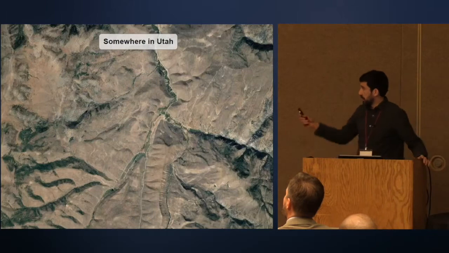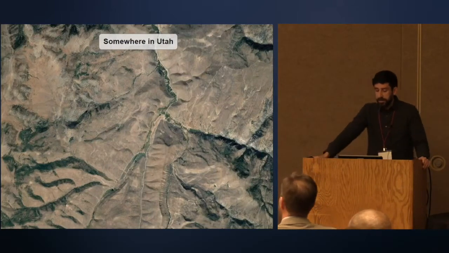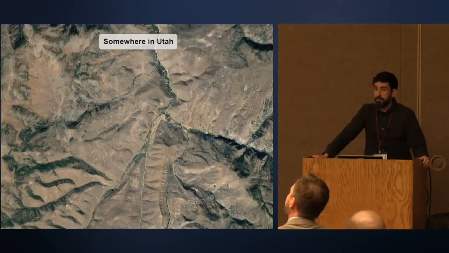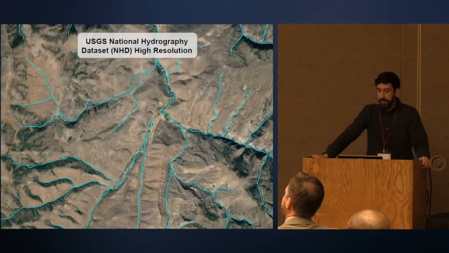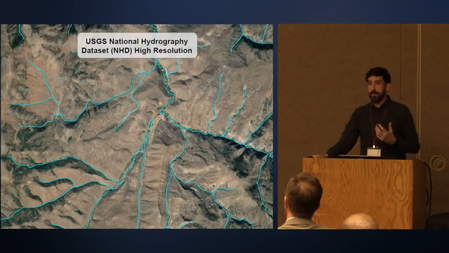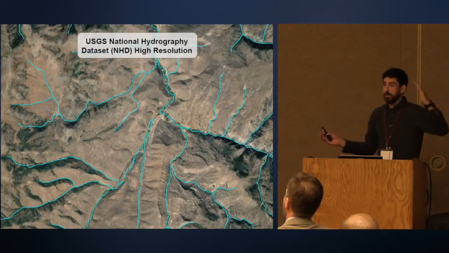I randomly picked a place in Utah here to walk through how the development of this tool works. Here we have the National Hydrography Dataset stream center lines, and from here we get the longitudinal reach boundaries.